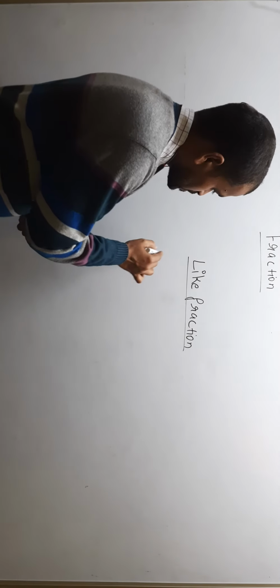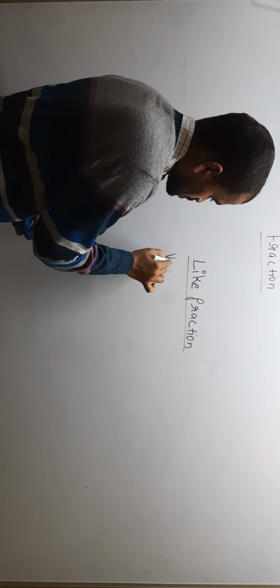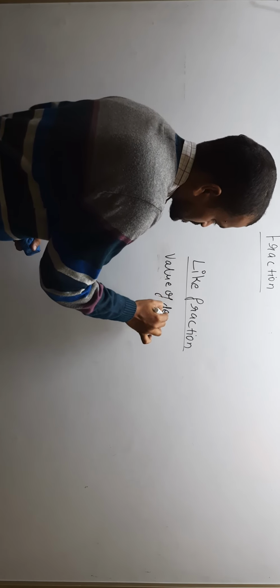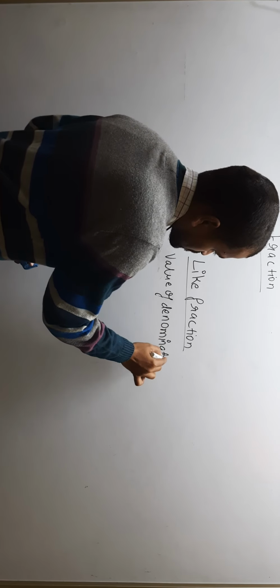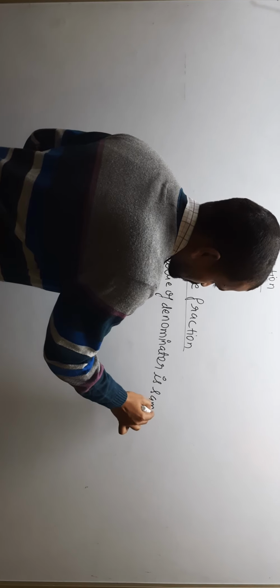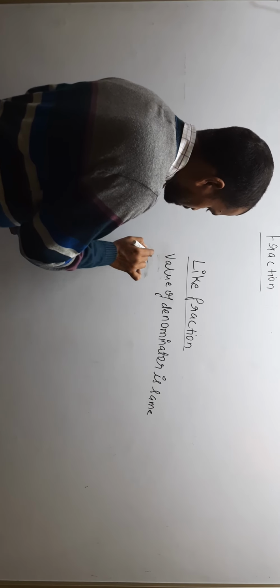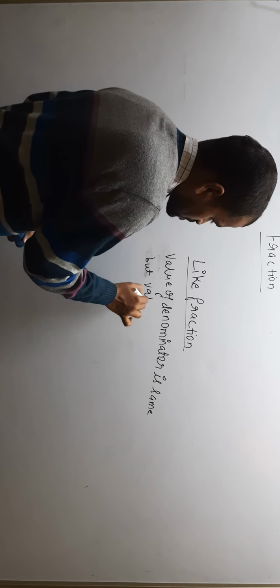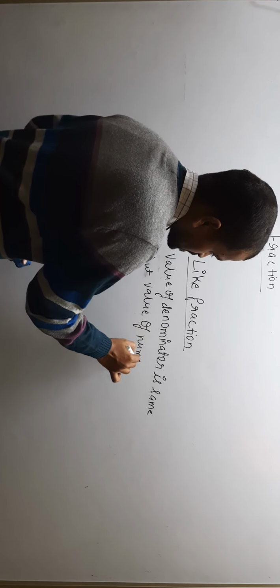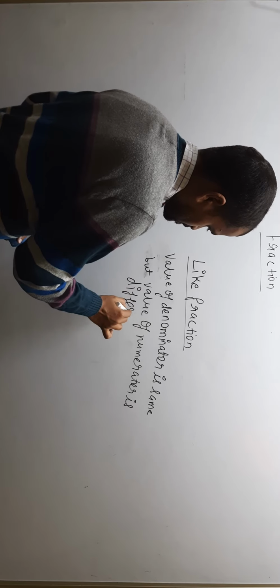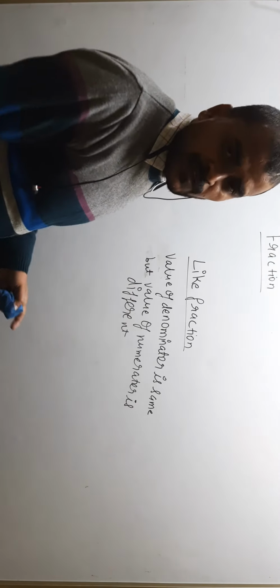In like fraction, the value of denominator is always equal, but the value of numerator is different. So the value of denominator is same, but values of numerator is different. So this is the definition of like fraction.